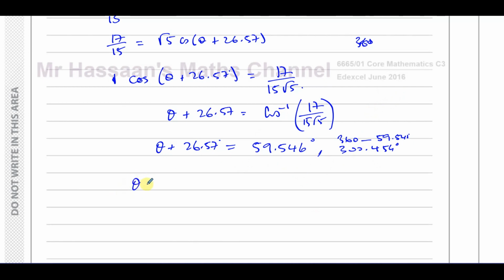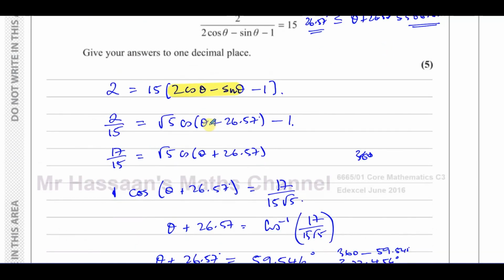So our solutions for theta, we have to adjust this. We have to now subtract 26.57 from both sides. So we have 59.546 minus 26.57, and we have 300.454 minus 26.57. We could use this to a higher degree of accuracy if we wanted to, but we don't need to because we have to give our answers to one decimal place.